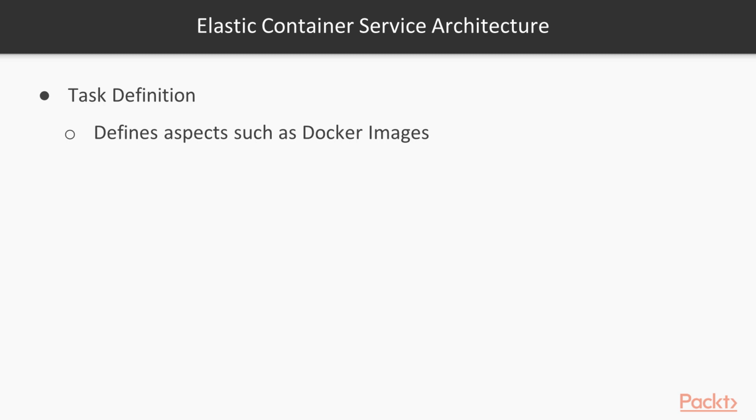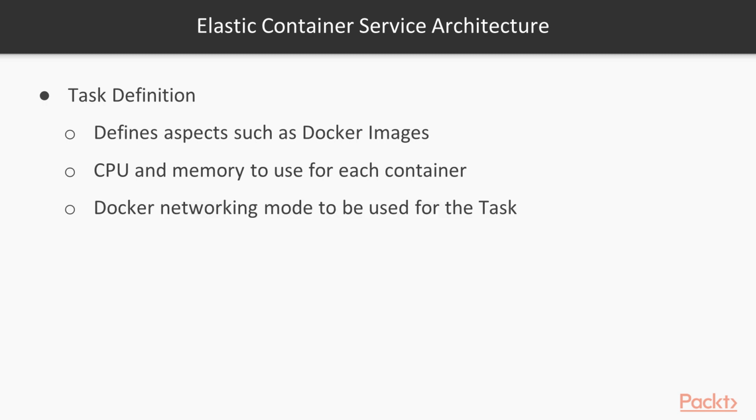The definition will see what image is specified, pull the image from a container registry, and then deploy the task with that image. Next is how much CPU and memory you want to constrain for each container, and what type of networking has to be used for the underlying task. Now, there are different networking modes. In our demos, we are going to be using the default Docker networking mode.